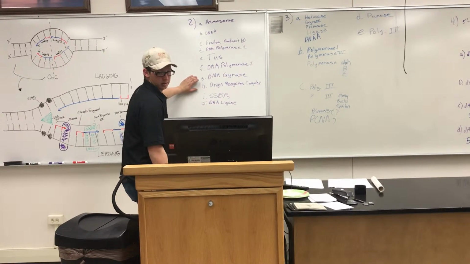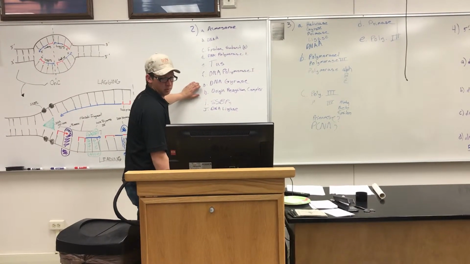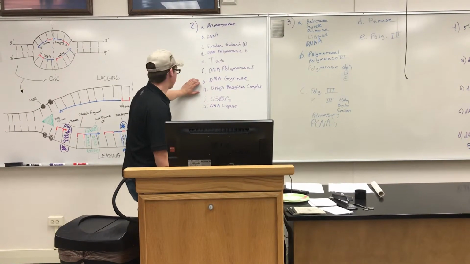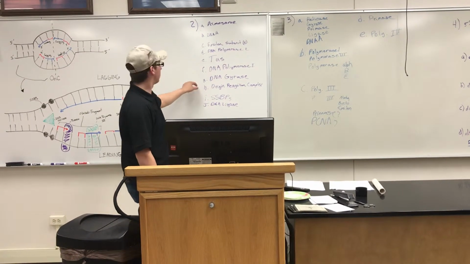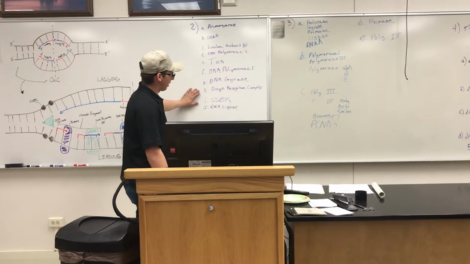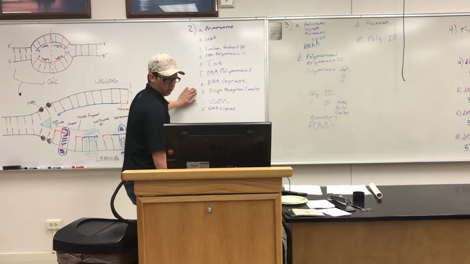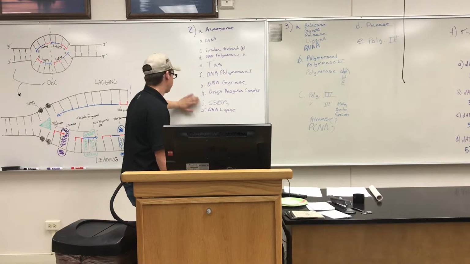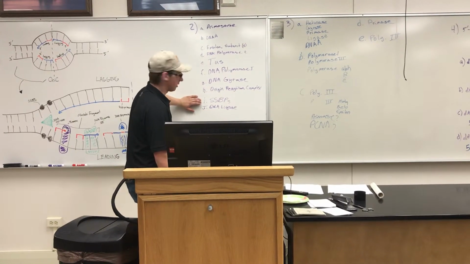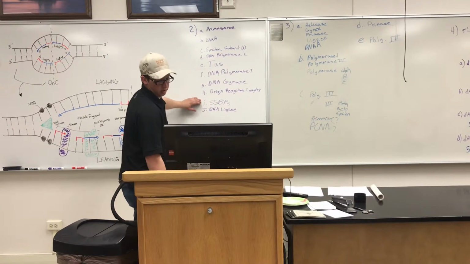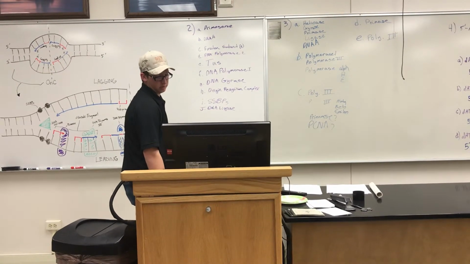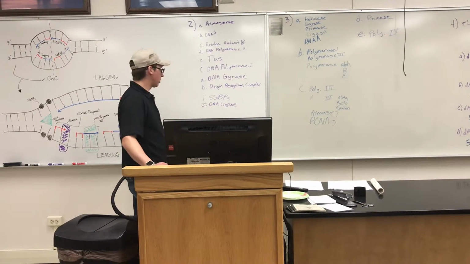G says the protein that introduces negative supercoils into the DNA ahead of the replication fork is DNA gyrase. For H, we have the origin recognition complex, which is the protein that binds directly to the ARS elements. The single-stranded binding proteins prevent DNA strands from annealing during replication.